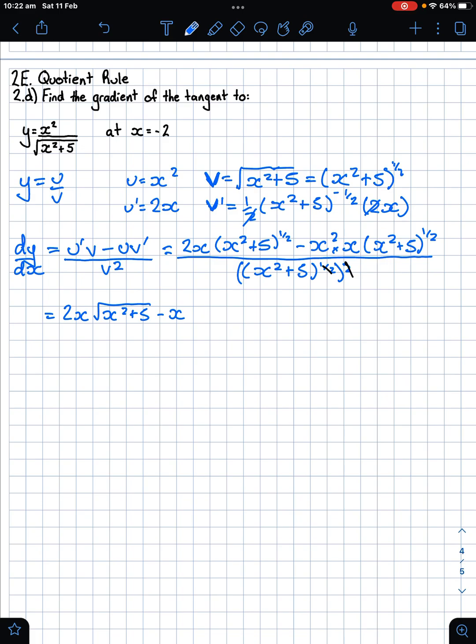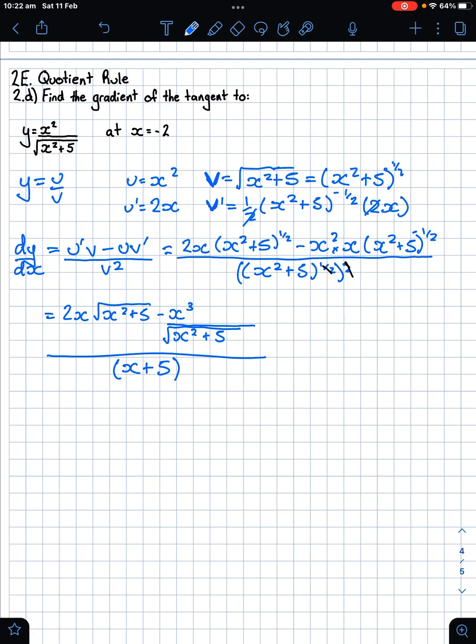Oh, sorry, this was a minus here, this x cubed. And because we're multiplying by negative half, we have times x squared plus 5, and this is all square rooted here. And this whole thing is over x squared plus 5.